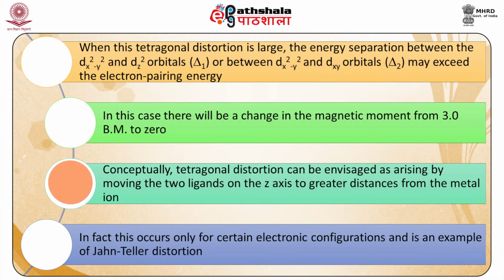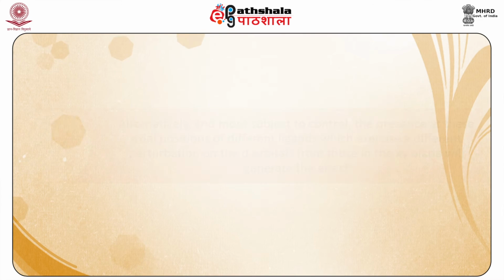Conceptually, tetragonal distortion can be envisaged as arising by moving the two ligands on the z-axis to greater distances from the metal ion. In fact, this occurs only for certain electronic configurations and is an example of Jahn-Teller distortion.